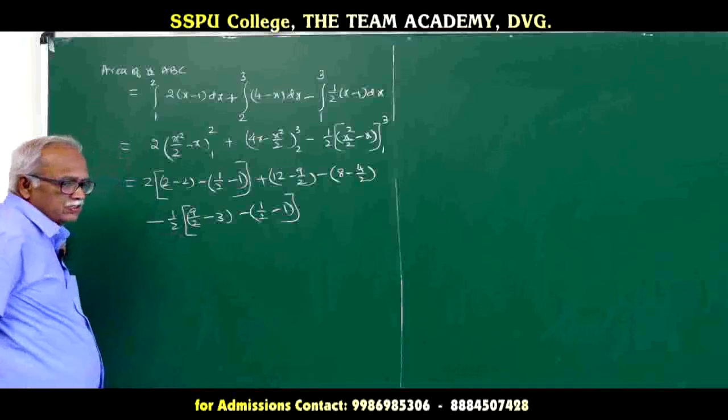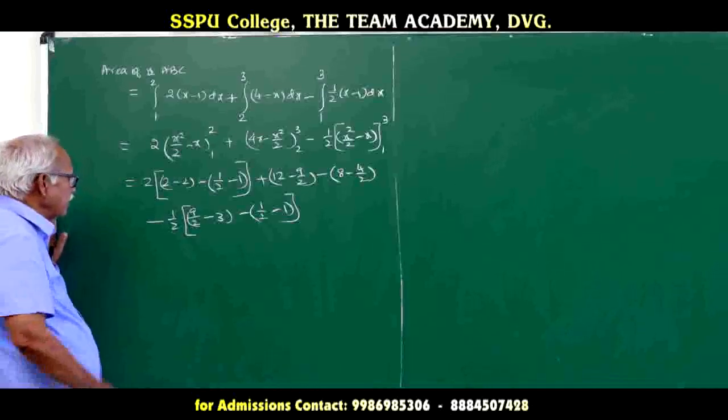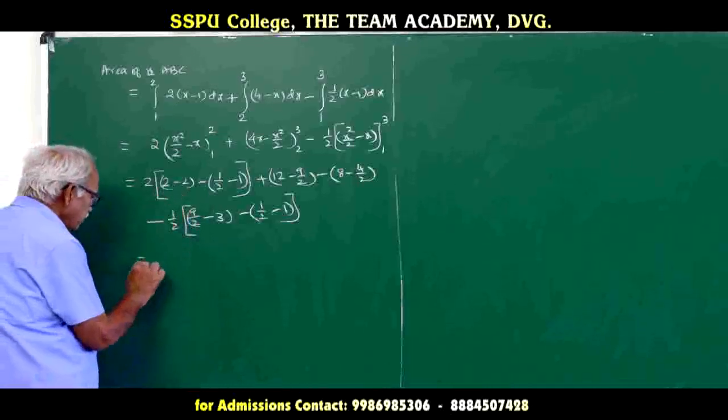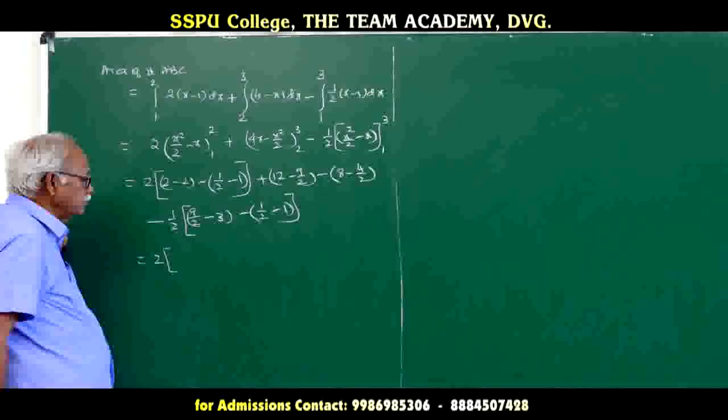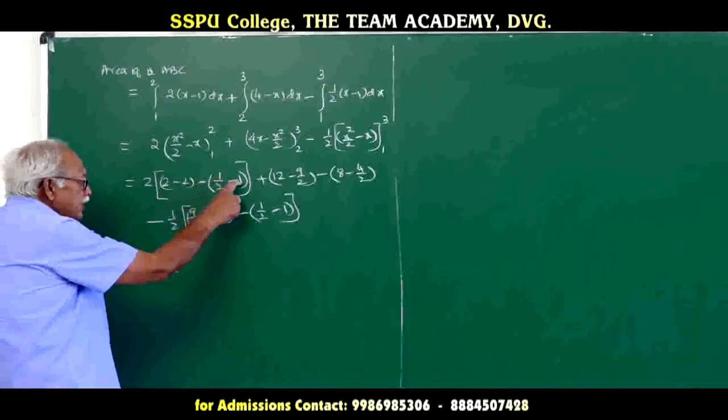Now, simplify this, we are going to get the answer. Here you can see it is 2 into, here you get minus 1 by 2.